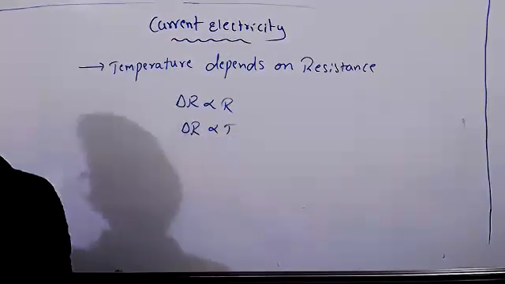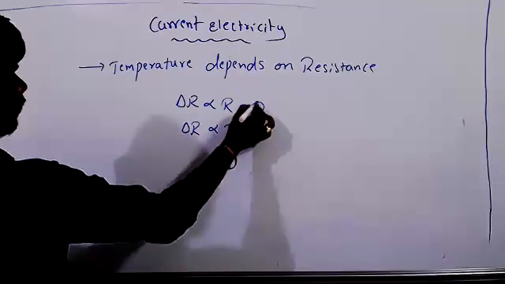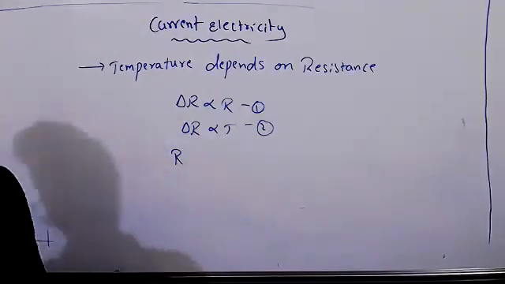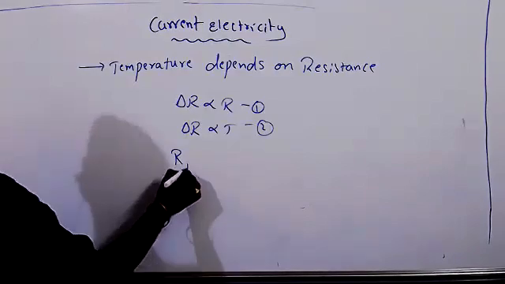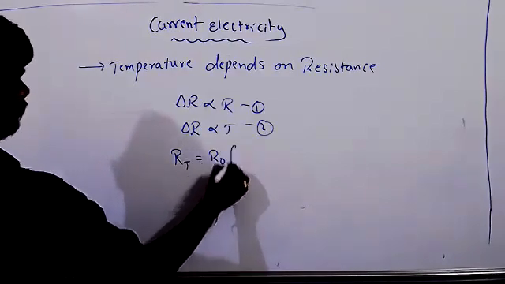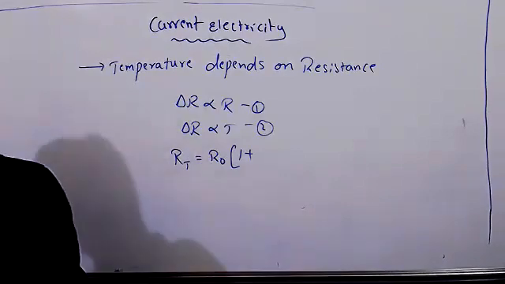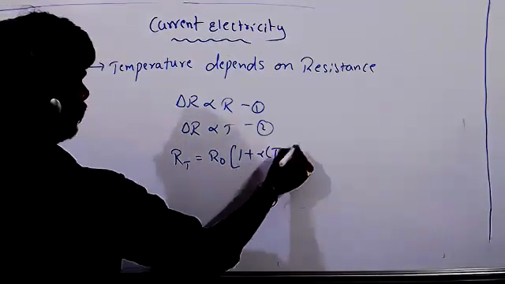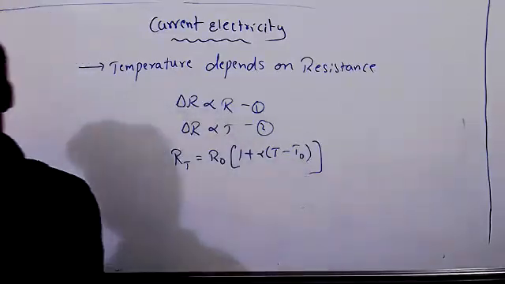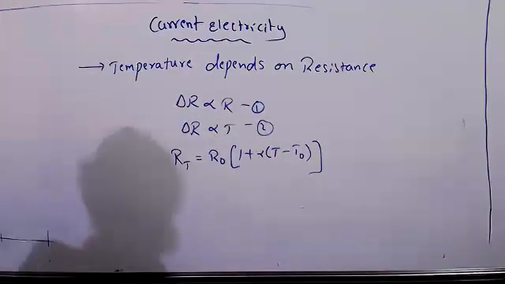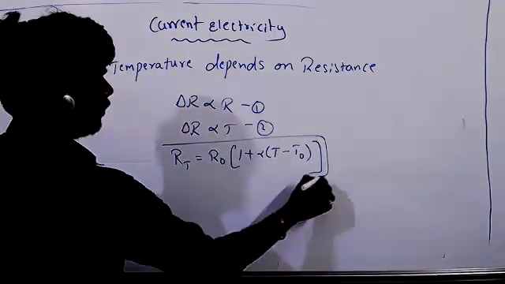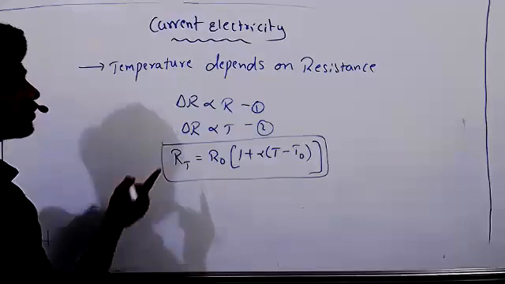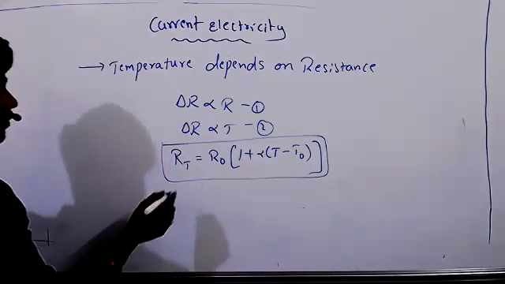From both equations 1 and 2, we have written R equal to R naught into 1 plus alpha into T minus T naught. It is the formula for temperature dependence of resistance, and we did some sums.